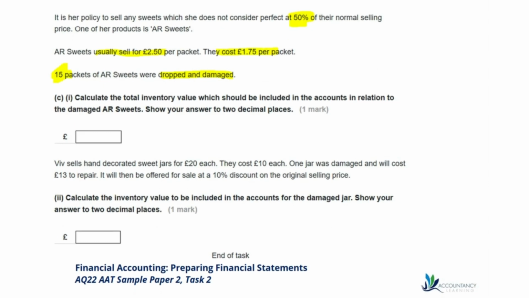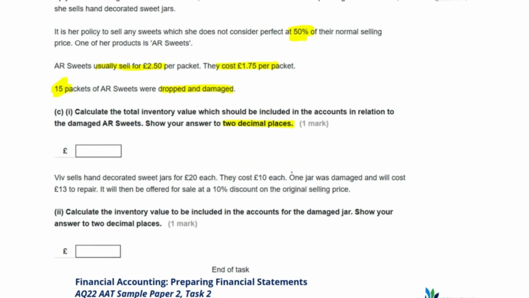The first part is to calculate the total inventory value which should be included in the accounts in relation to the damaged AR sweets. Show your answer to 2 decimal places. So this is where we're going to be looking at the lower of cost or NRV, net realisable value. So we know that the cost is £1.75.